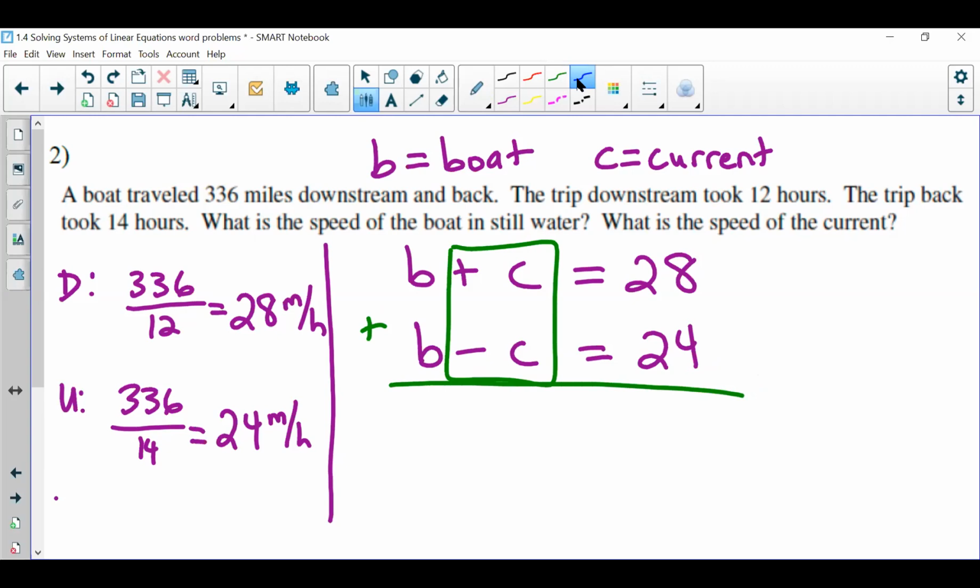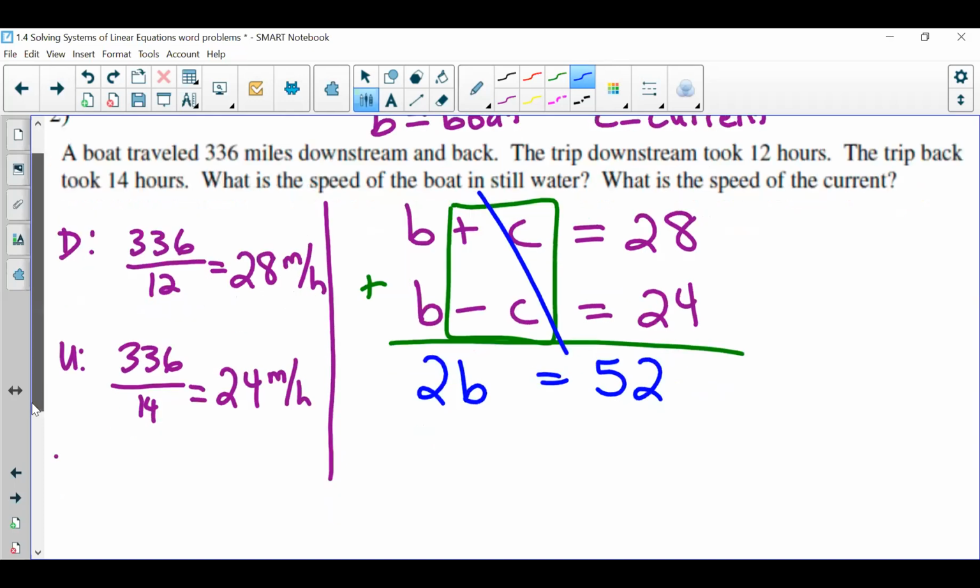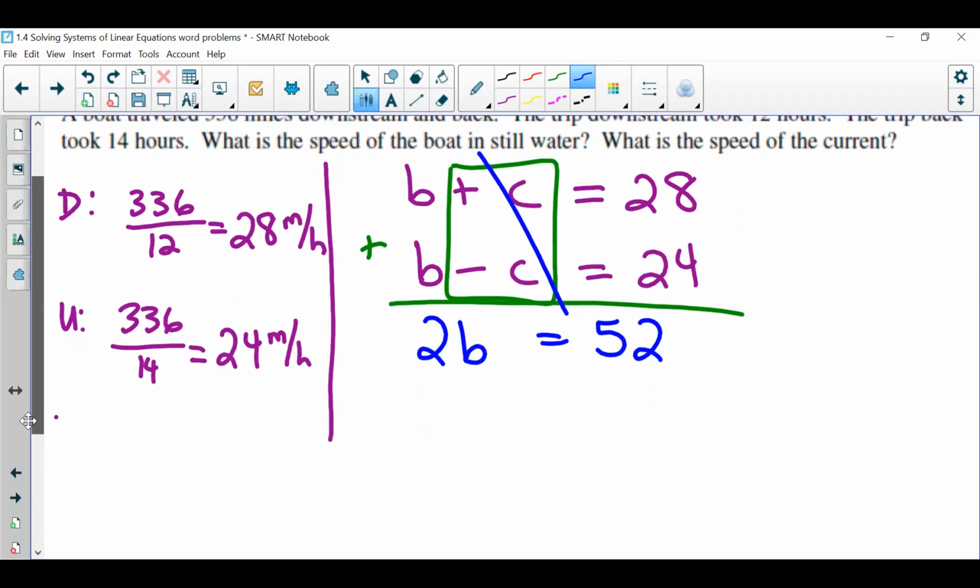Logan, I think you told me to get rid of the C. Do you want to tell me what I have now when you add them? 2B, and then 28 plus 24, which is 52, I believe. And then divide by 2, which is 26.